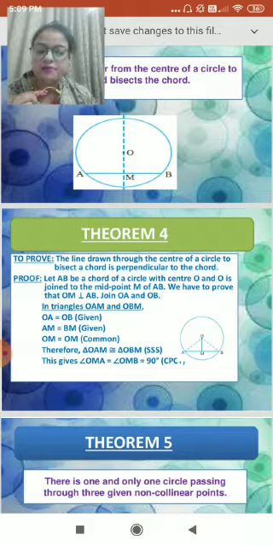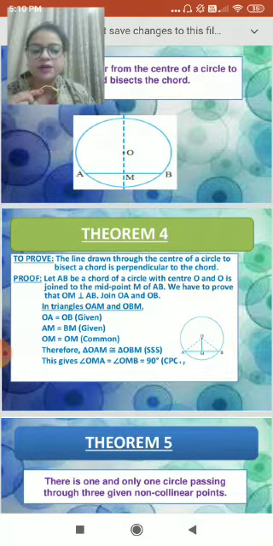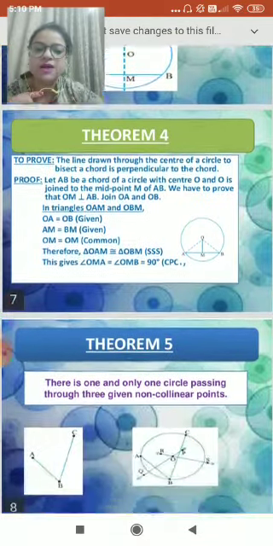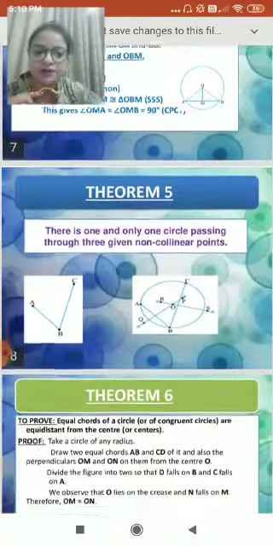AM is equal to BM, which is again given. OM is equal to OM, which is a common side. Therefore triangle OAM is congruent to triangle OBM by the SSS rule, and this gives angle OMA equal to angle OMB equal to 90 degrees, again by CPCT, corresponding parts of congruent triangles are equal.